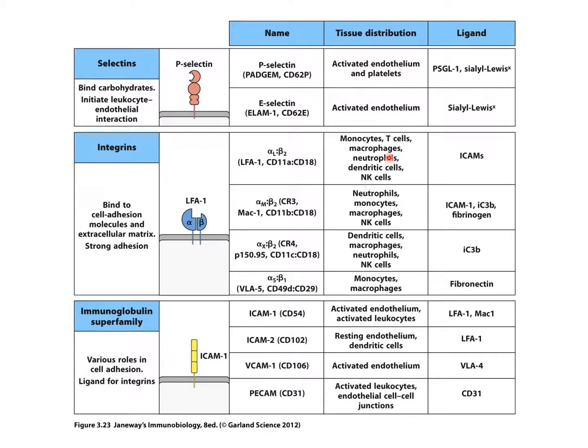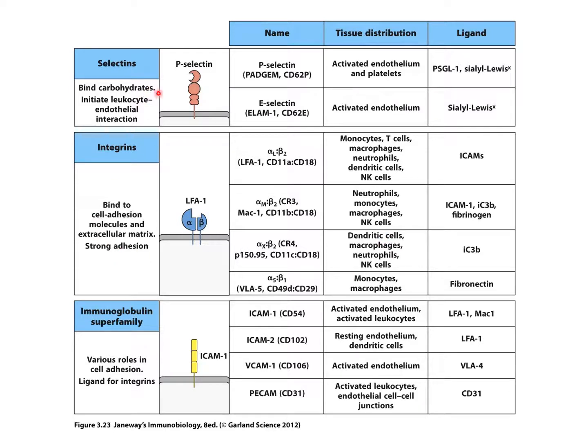Different concentrations on the endothelial cells cause different activities of what's going on here. Notice ICAM though. ICAMs, ICAM1, IC3B, that may be on the surface of, bound to the surface of, monocyte, neutrophils, macrophages, NK cells.